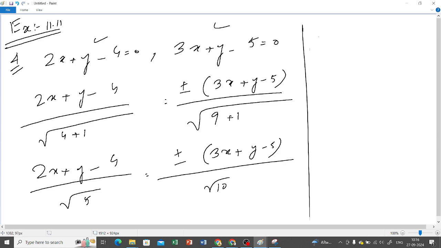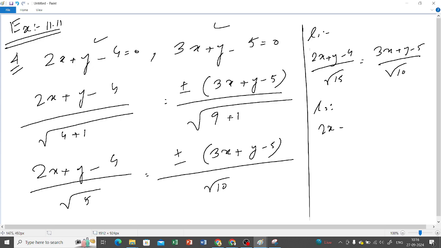One bisector is the positive part, 2x plus y minus 4 divided by root 5 equals 3x plus y minus 5 divided by root 10. Another bisector is 2x plus y minus 4 divided by root 5 equals minus within bracket 3x plus y minus 5 divided by root 10. These are the two bisectors that we have.